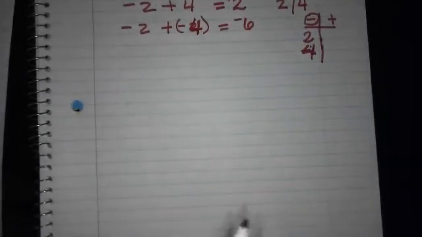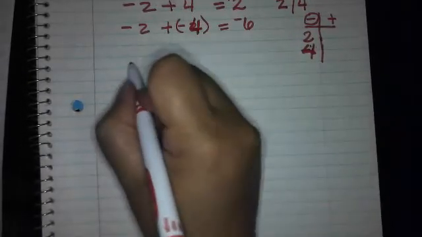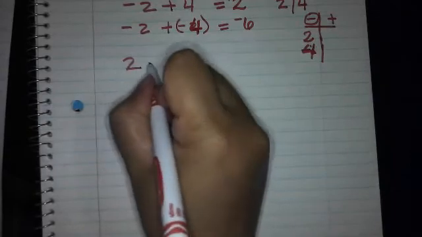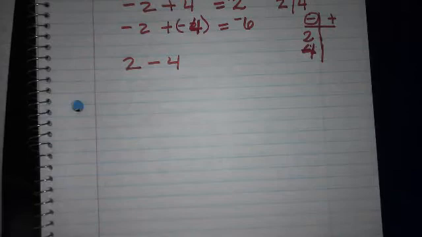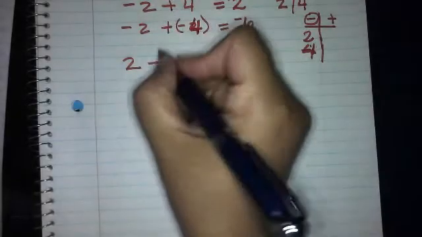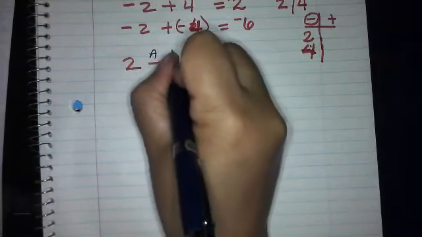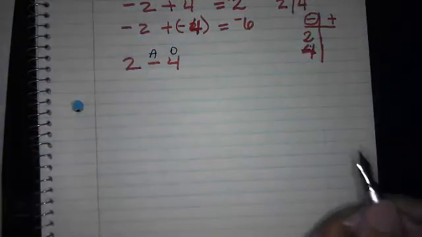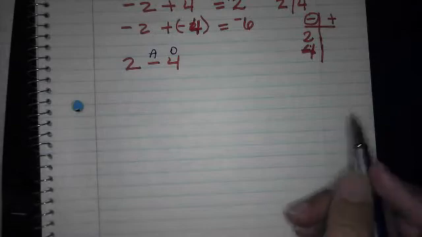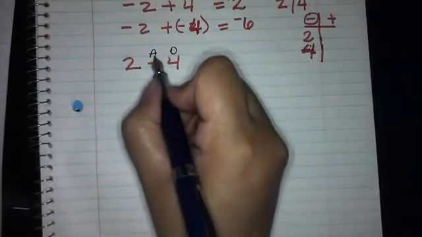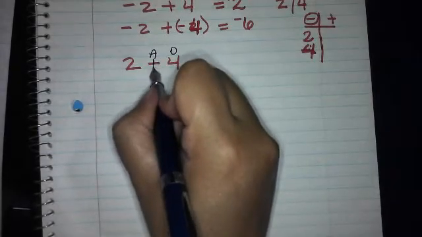Now, what happens if you are subtracting integers? For example, if you're taking 2 minus 4. Remember, when we are subtracting, we use 2 words: add, opposite. When you subtract, it's like you're adding the opposite. So turn the subtraction sign to an add.